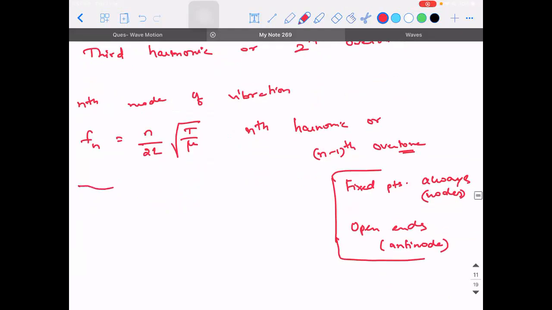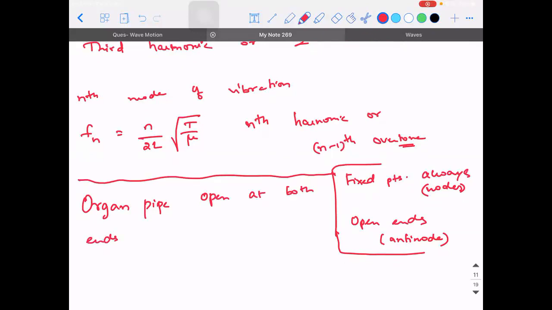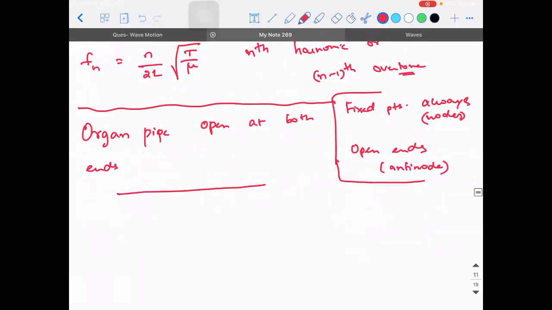Now see, now comes an important question. If I talk about an organ pipe open at both ends, organ pipe means you can think of a small tube like this, where it is open at both the ends and sound is flowing through it such that you're able to hear some sound from it.